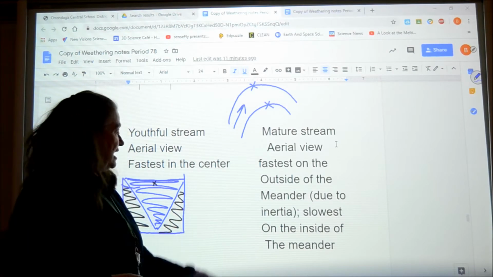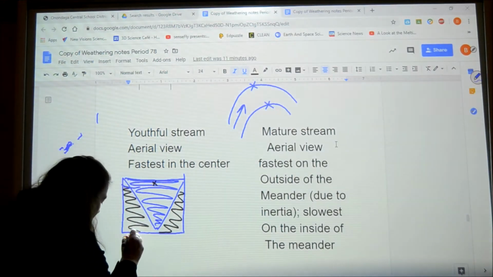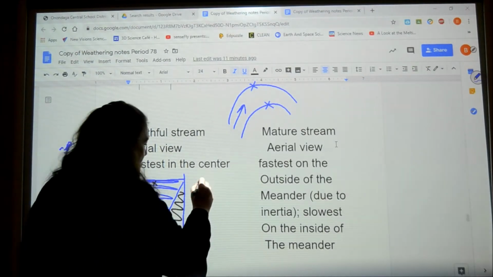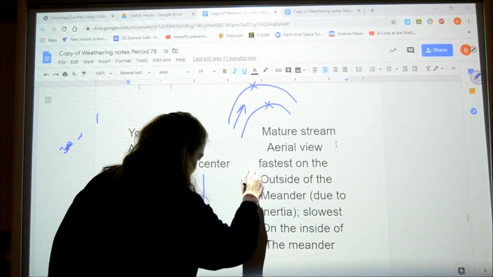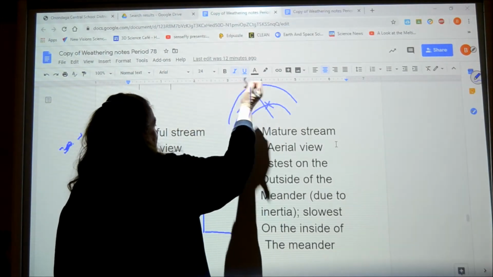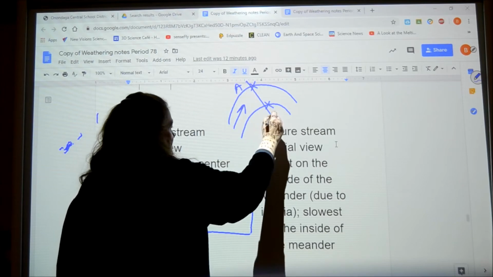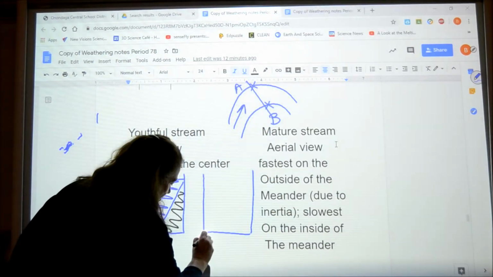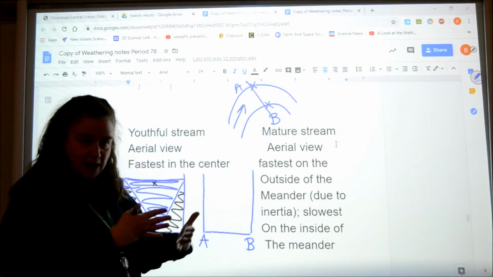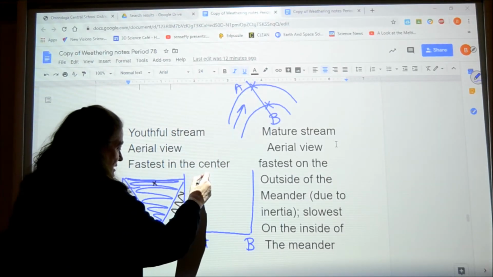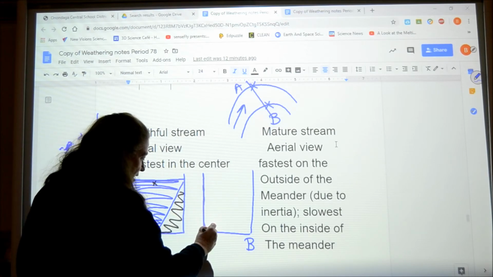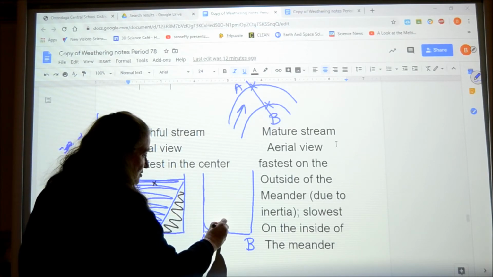So this is youth. If I was looking at mature, and I name this A and this B, A is the outside of the meander, it's moving faster, it's going to erode, it's going to be deeper. B is not going as fast, so it's going to deposit.